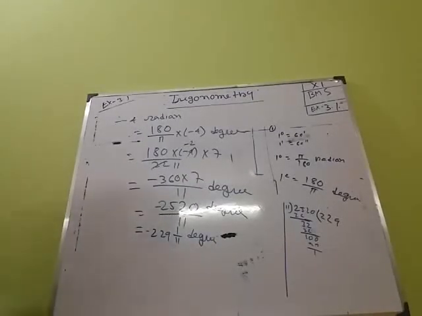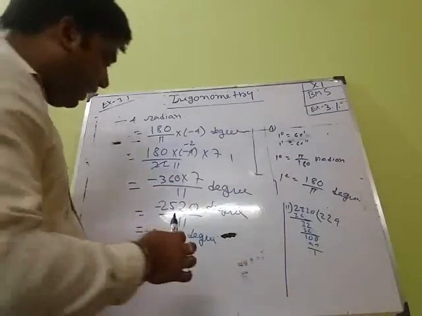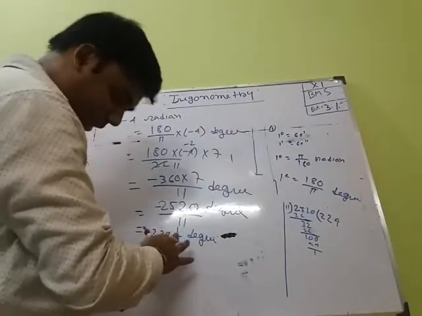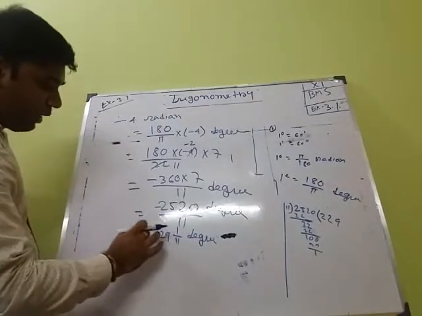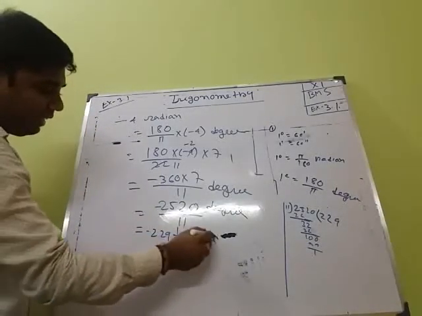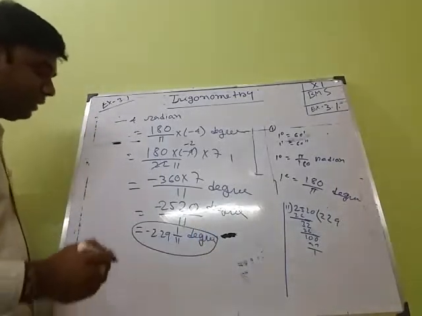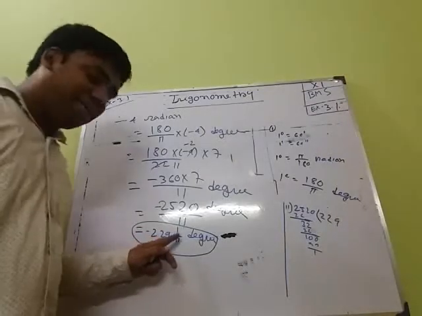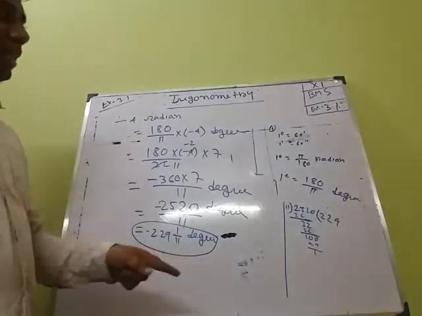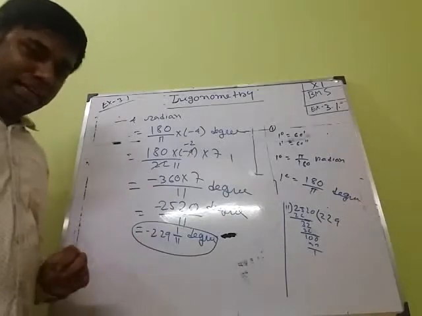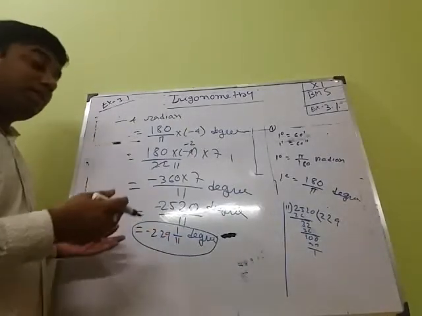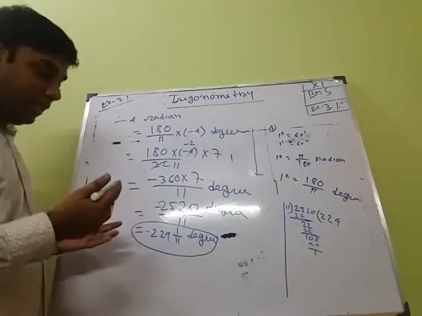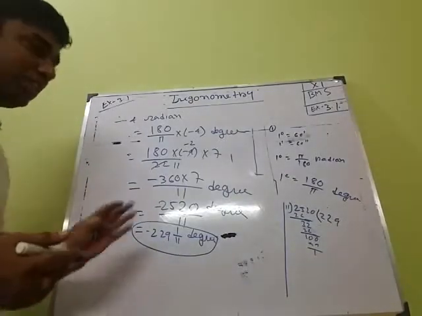You can change 1 by 11 degree into minute by multiplying by 60, and then the remainder portion you can also change into second.